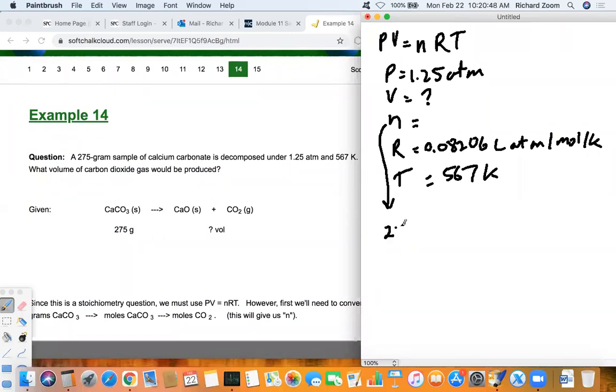Because we know that 275 grams of CaCO3, and we've got the equation here to give us CO2, so it's going to be 1 mole of CO2 over 1 mole of CaCO3. Oops. I don't need to do that yet. I need to convert that into moles of CaCO3 first. Sorry about that.